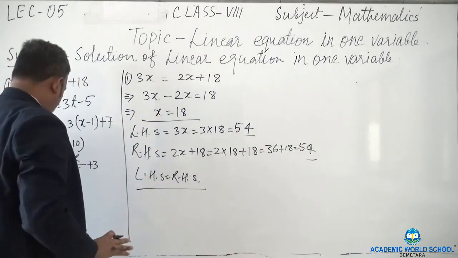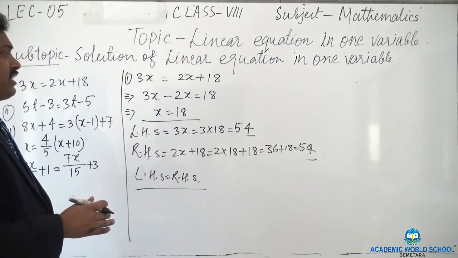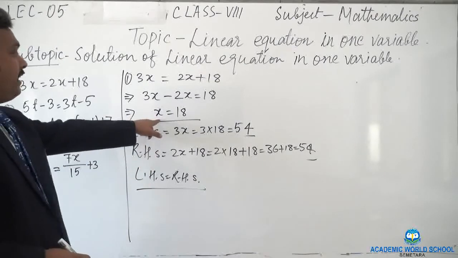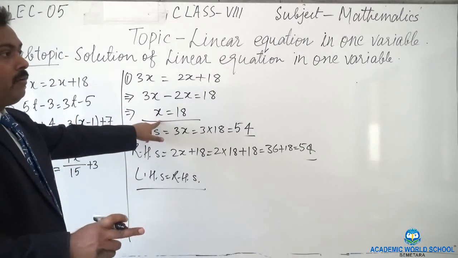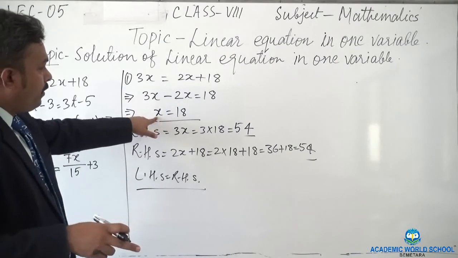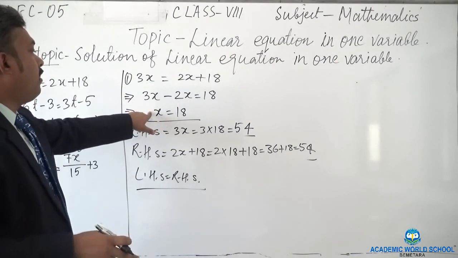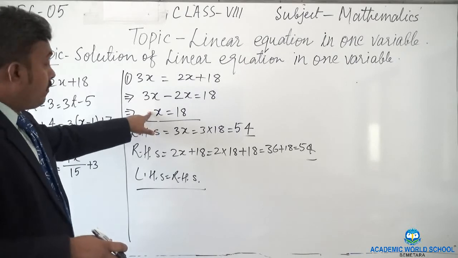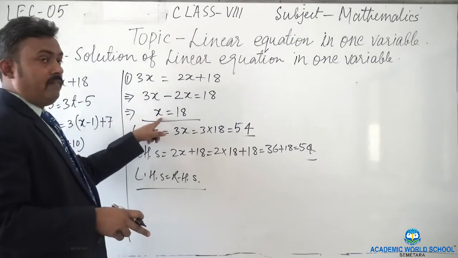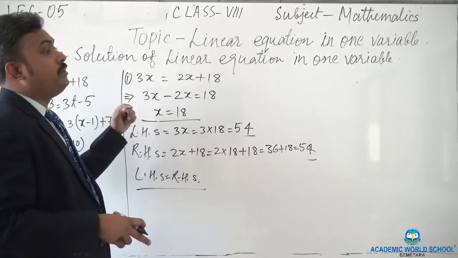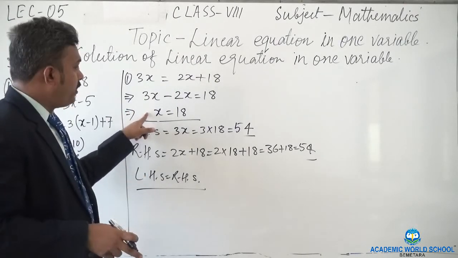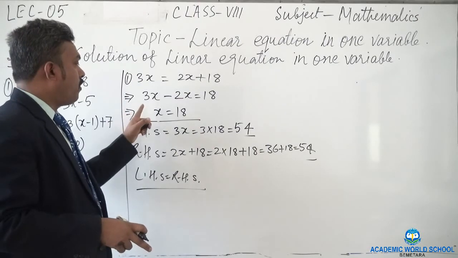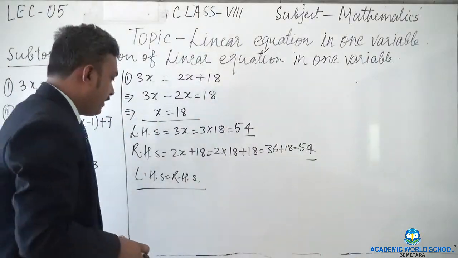So when we get the solution of an equation, you will see that on the left side only the variable will be there. If there is some constant associated with the variable, only then do we need to use the multiplication or division property to move that constant from the left side to the right side.